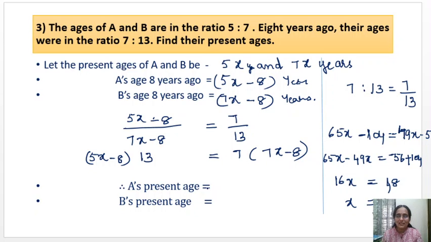Now A's present age is, we assigned as 5x. 5 into 3, it is 15 years. B's present age is 7x. That is 7 into 3, it is 21 years. You got the answer very easily.